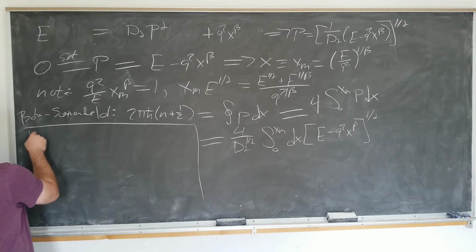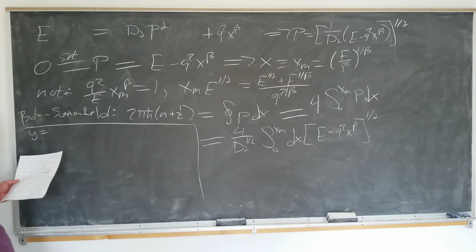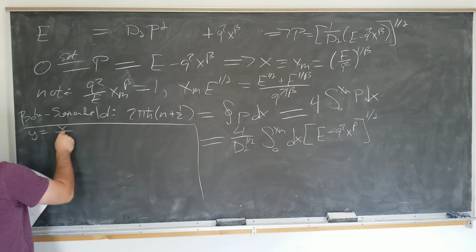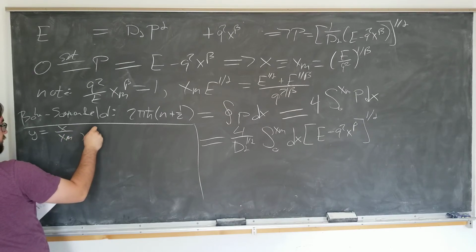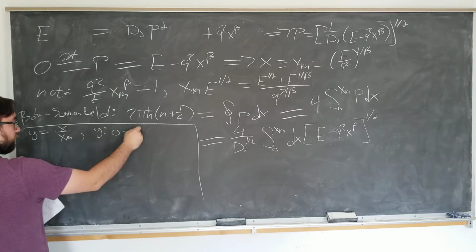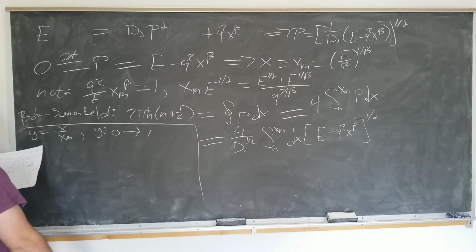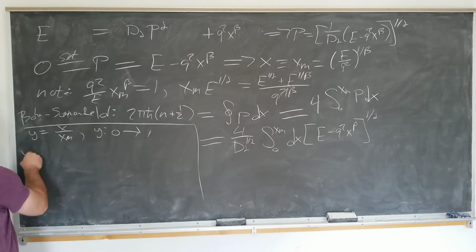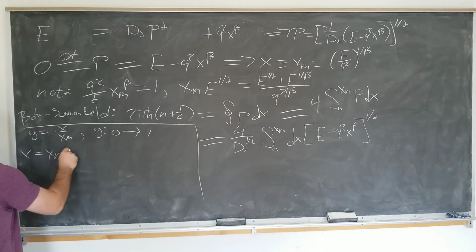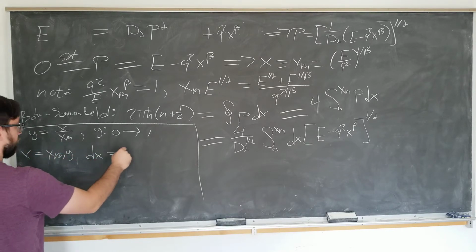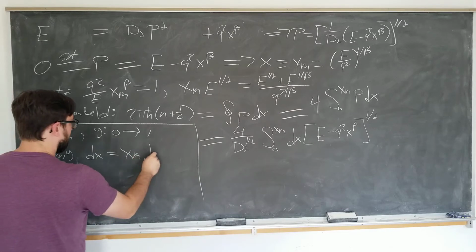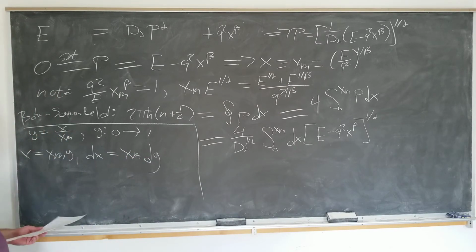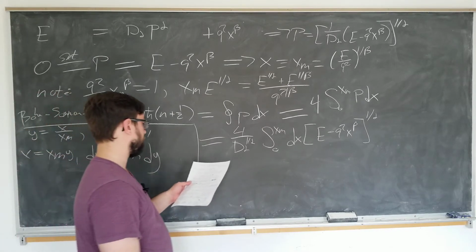Now we're going to let y be equal to x over x max, so that y now goes from 0 to 1. And this tells us that, of course, x is equal to xm y, dx is equal to xm dy, and we can go ahead and plop those into our integral here.